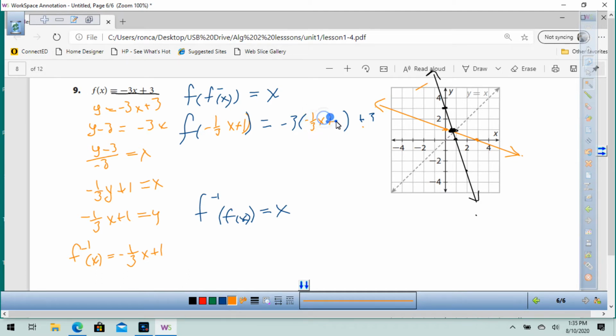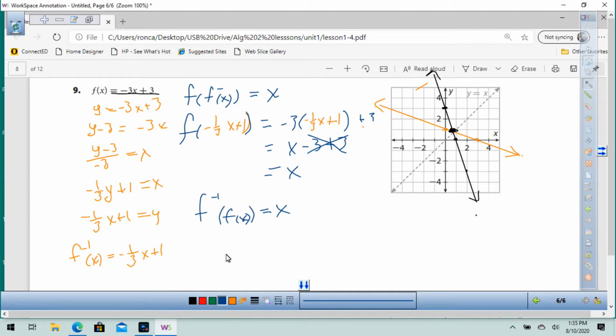Negative 1/3 x plus 1. All right, let's do the arithmetic now. We have negative 3 times negative 1/3 is plus 1, so we have 1x. Negative 3 times 1 is negative 3, plus 3. Well, those two cancel out, and you're left with x. So f of the inverse of f of x is x.